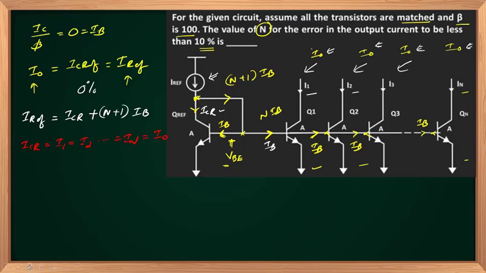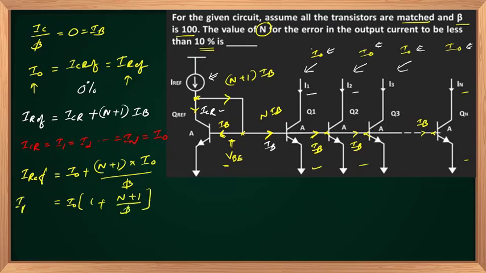So the above equation reduces to: I reference, the total current supplied, is equal to IC reference, which is I naught, plus n plus 1 times IB. IB is the collector current divided by beta, so with I naught common, I reference equals I naught times 1 plus n plus 1 upon beta. My current of interest is the output current I out.